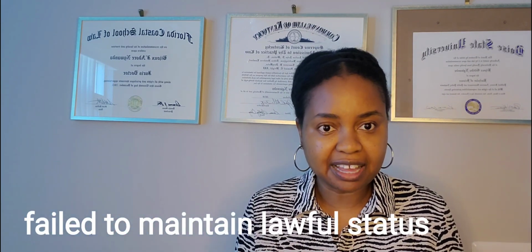I'm like, well, unfortunately, you cannot adjust status because you failed to maintain lawful status. You got here around 2007 with a B1/B2 visa. Remember, it's only valid for 6 months. And after 6 months, you didn't do anything. You didn't extend it, you didn't change status, you didn't do anything.